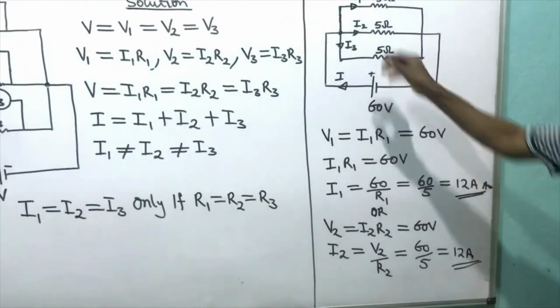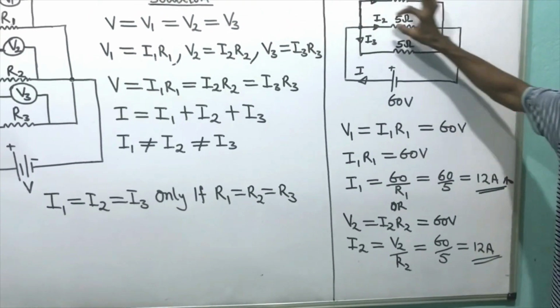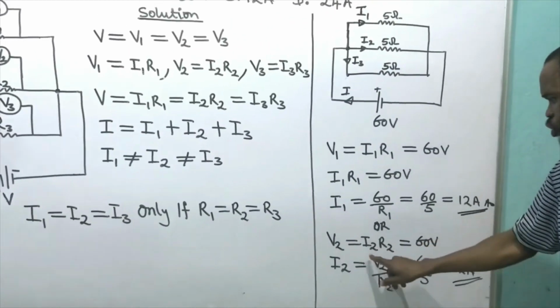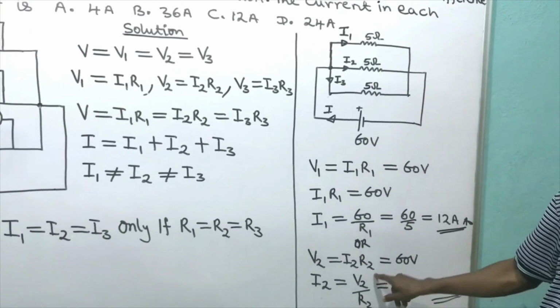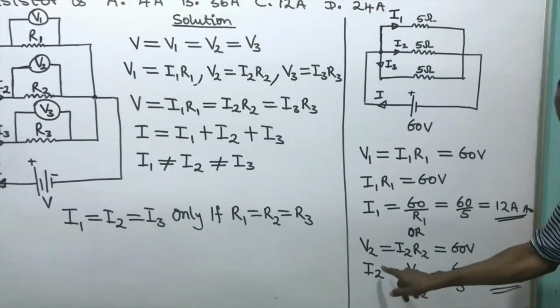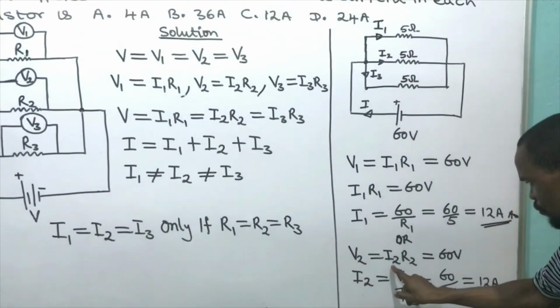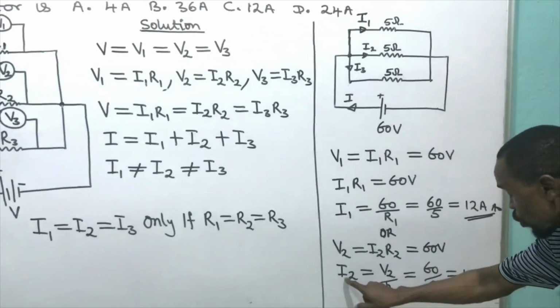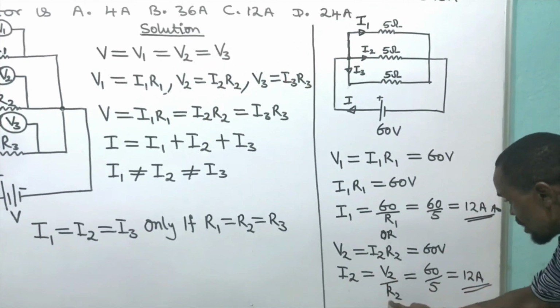Or I can choose to say the voltage drop across R2. I say V2 is equal to current 2 times R2, and the same thing is equal to 60 volts. I'm making current 2 the subject of the formula by dividing through by R2. I will now have current 2 equals V2 divided by R2.